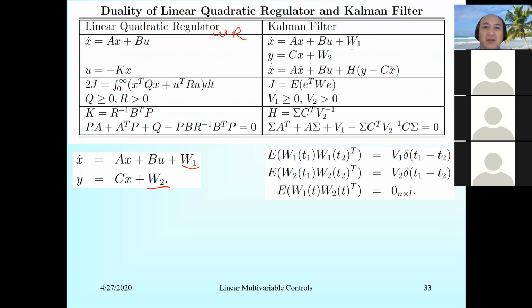And here you have W1, W2, white noise with strengths V1, V2. The V1, V2 will show up in this ARE. So this is to infinity.